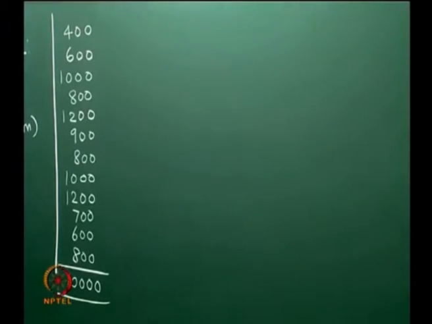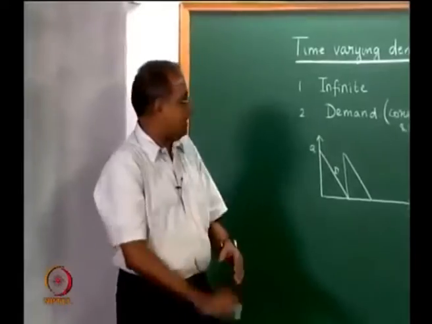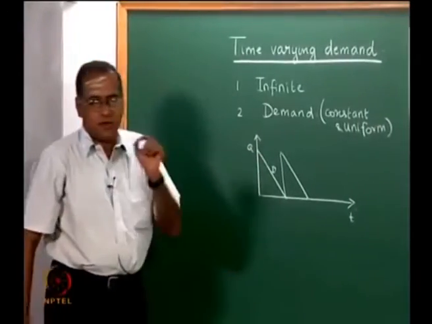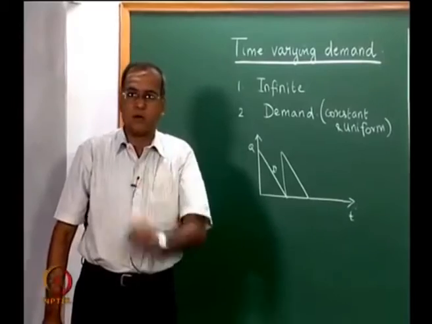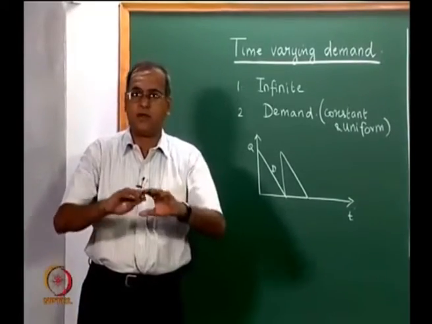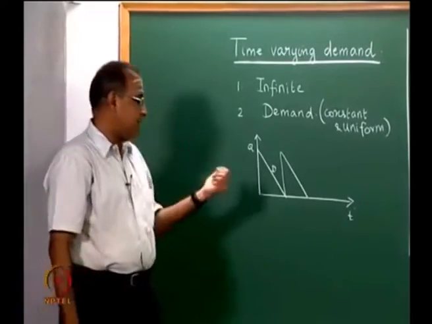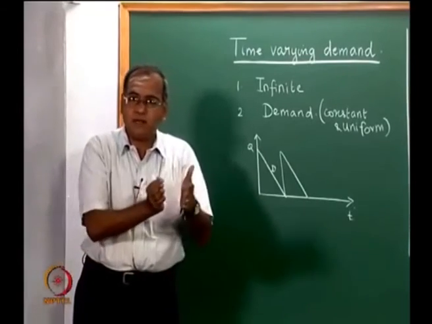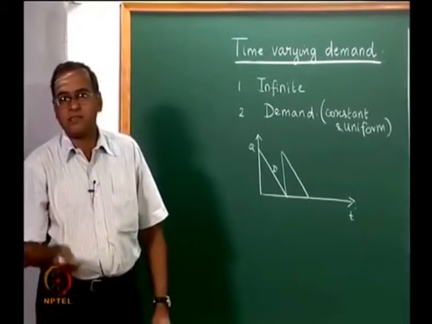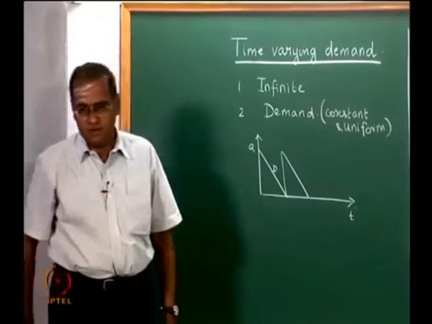Now several questions arise. Like in the earlier models, are we going to have the same order quantity or is the order quantity going to be different? Or are we going to have the same order frequency or is the order frequency going to be different?